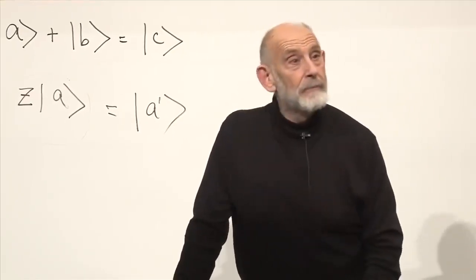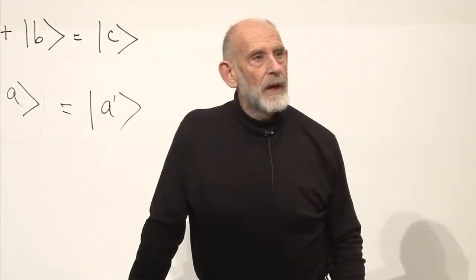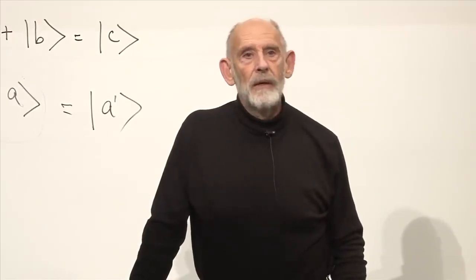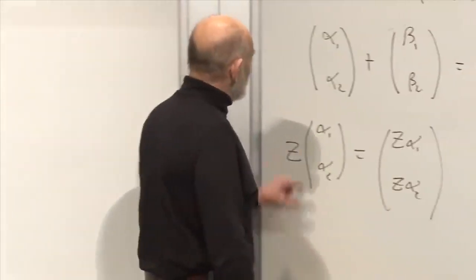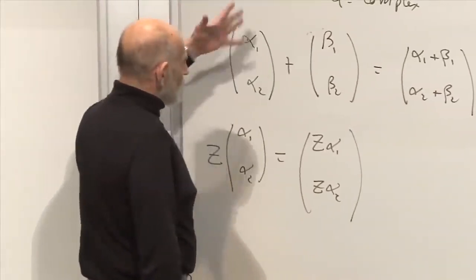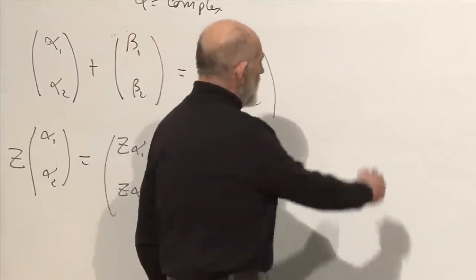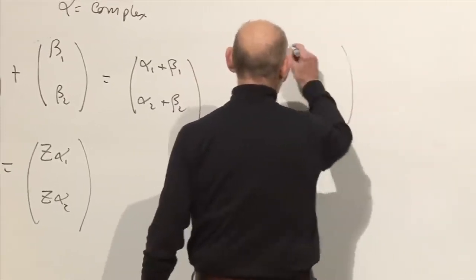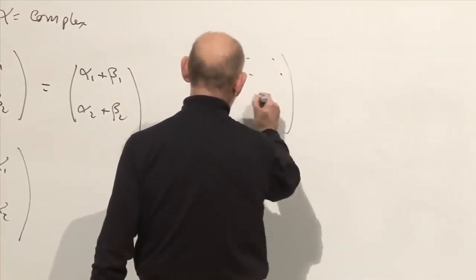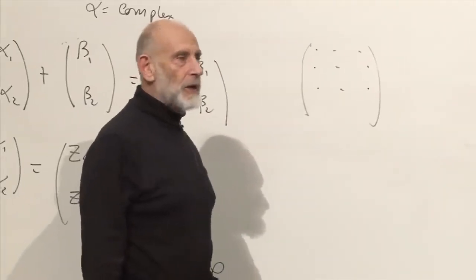Is this the same as matrices? Usually the term matrices, in this class in any case, will be reserved for square matrices. Square matrices are collections of numbers which form square arrays, as many rows as columns.